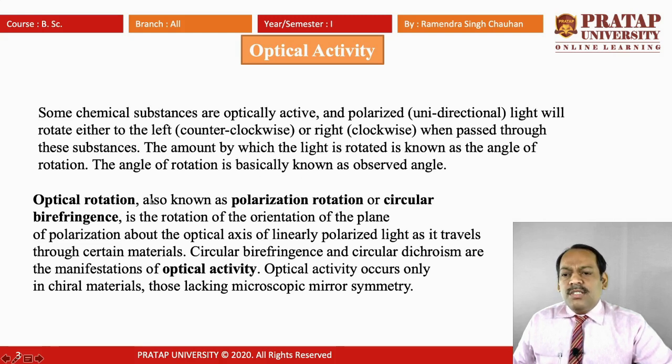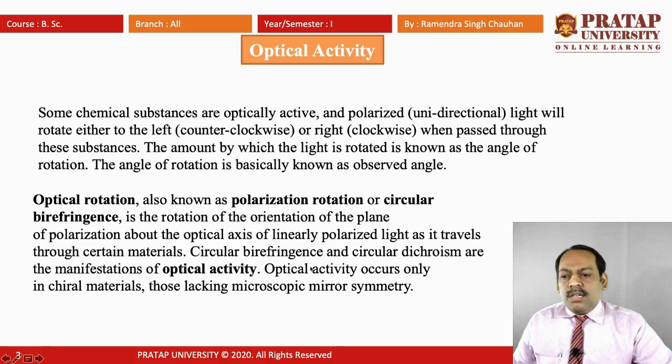So, optical rotation, also known as polarization rotation or circular birefringence, is the rotation of the orientation of the plane of polarization about the optical axis of linearly polarized light as it travels through certain materials. Circular birefringence and circular dichroism are the manifestations of optical activity.